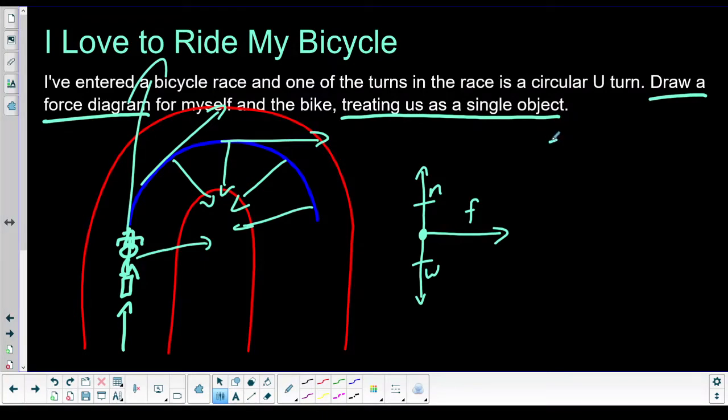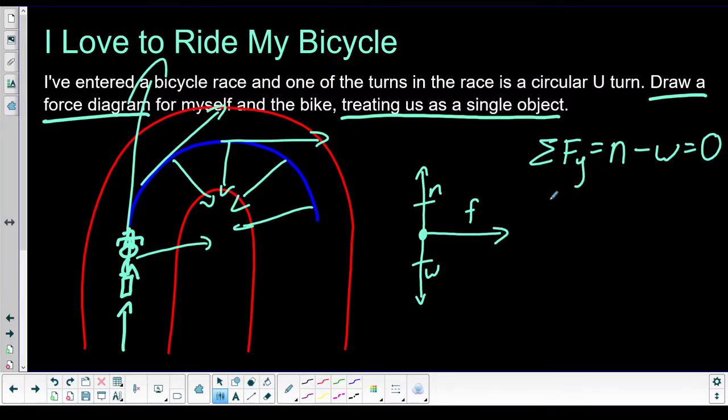So let's do the vertical direction first. Sum of forces, I'm going to say the y direction. We'll say up, down is y. Up being positive, down being negative. Our sum of forces in the y is going to be my normal force, positive because it's up, minus, because it's down, my weight, equals 0 because I'm not accelerating in the vertical direction.